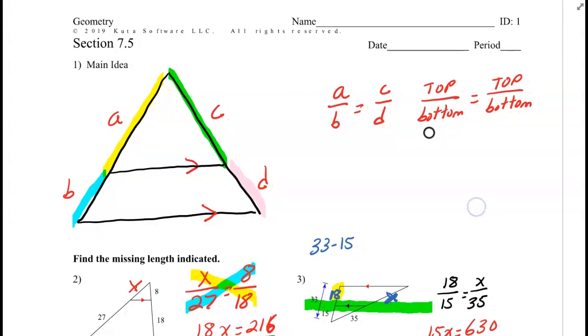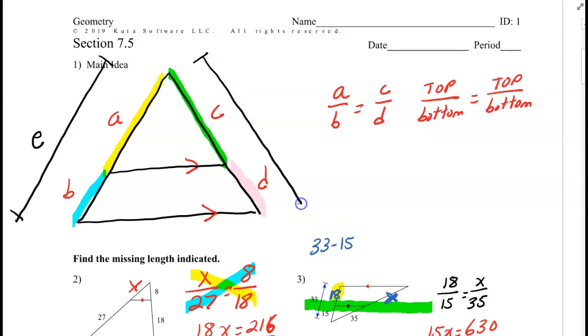But I'm going to show you two other relationships here. If I call this whole segment E, and this whole segment F, there is another relationship where I can say A over E, the yellow over the E, which I'm going to call the whole thing, is equal to C over F. So I'm going to say the top part to the whole side is equal to the top part over the whole side.